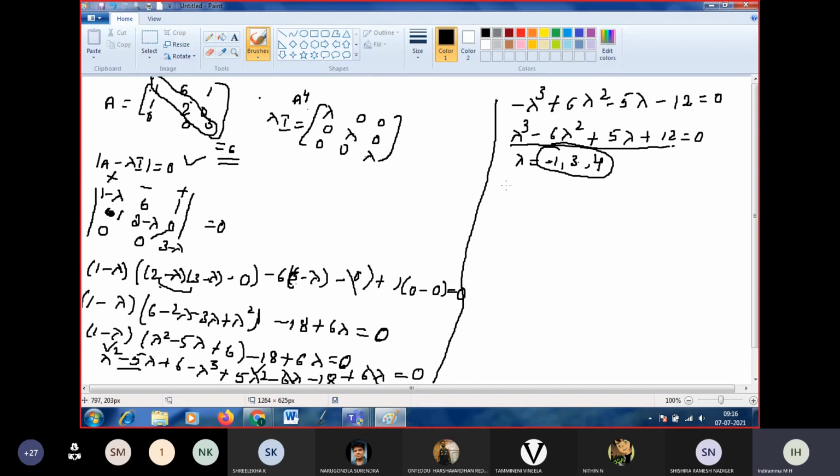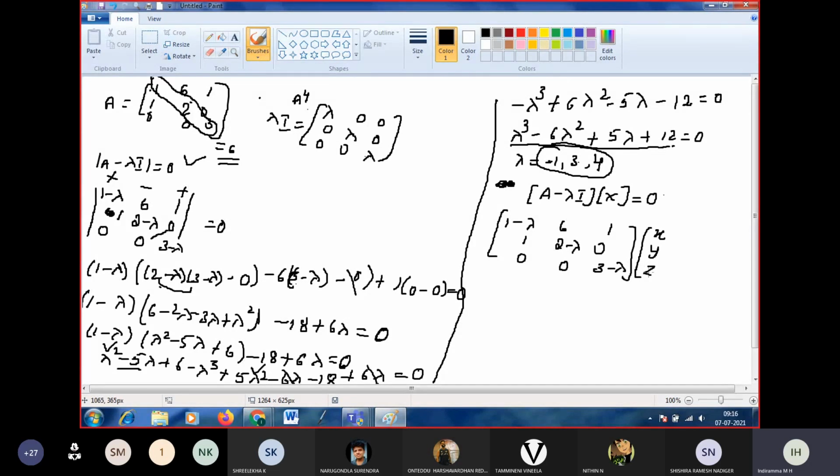Okay, next. So, case 1. Before going to the case, consider (A minus lambda I) into X equal to 0. This is a system of equations. You should get 3 equations. So A minus lambda I is the matrix 1 minus lambda, 6, 1, 1, 2 minus lambda, 0, 0, 0, 3 minus lambda, into X, the variable column matrix X, Y, Z. Or you can take x1, x2, x3, or x, y, z also, no problem.